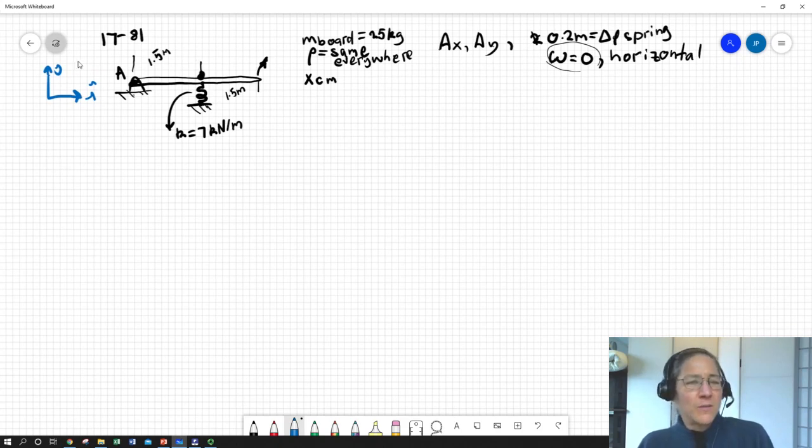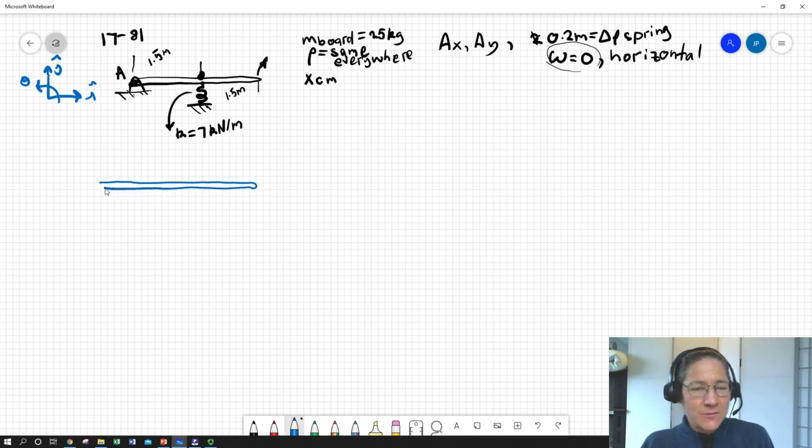See if I can put my hat over my unit vector j, and positive alpha is going to be in the counterclockwise direction, which we may end up having in this case. We'll see. So next task after that is our FBD, and I'm going to FBD the board, the rigid body that is going to accelerate.